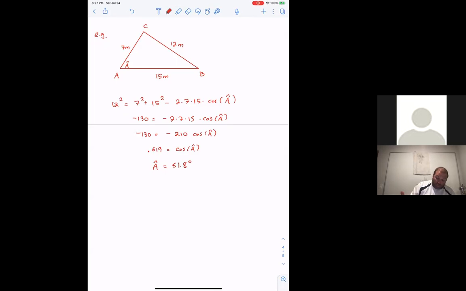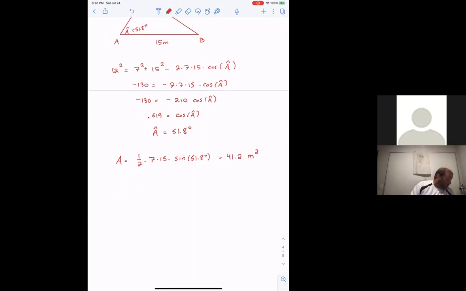Once I know that angle is 51.8 degrees, now the area is 1/2 side, side, sine of the sandwiched angle. So sine of the answer, again, use all the decimals, times 7 times 15 times 1/2 gives me an area of 41.2, and I'm in meters, so square meters.